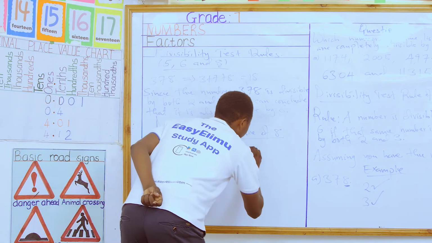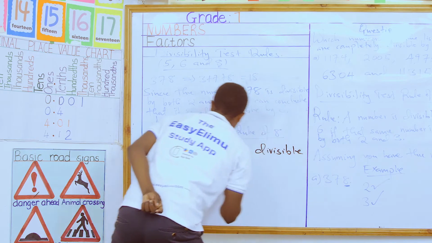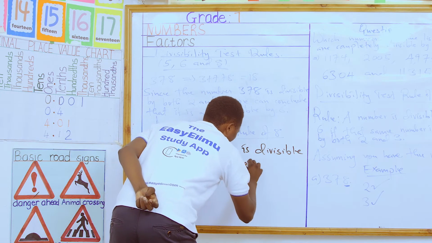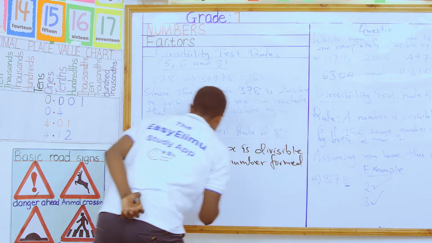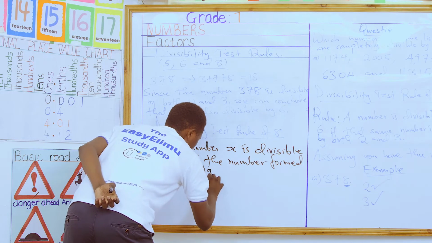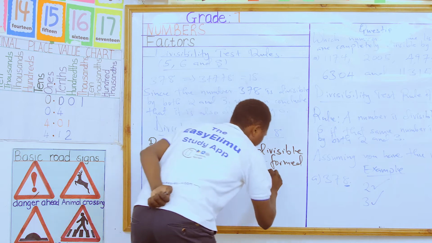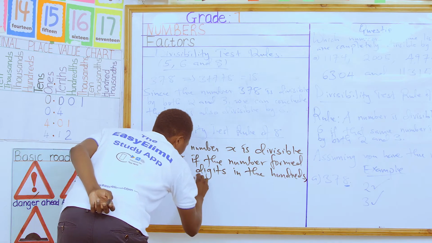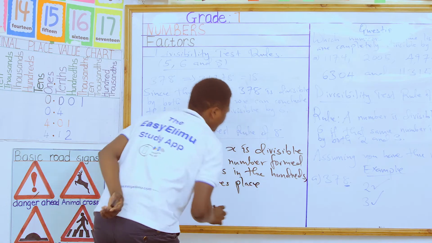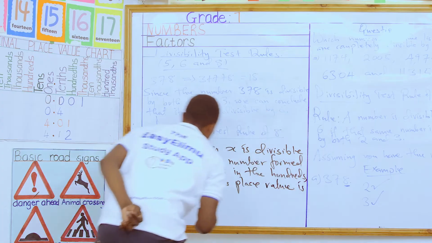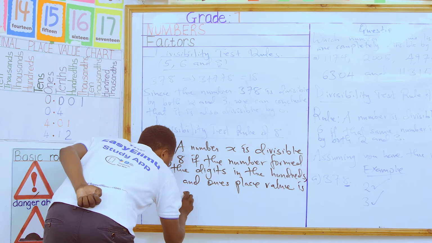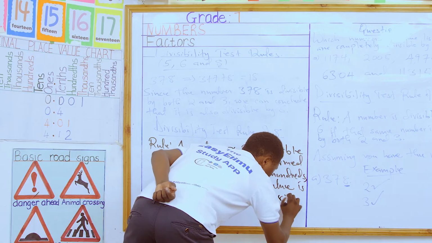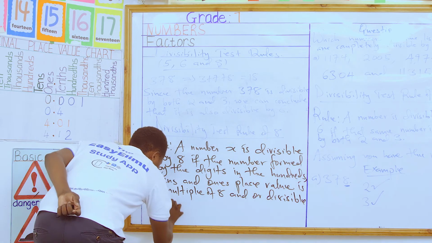So a number x is divisible by 8 if the number formed by the digits in the hundreds, tens, and ones place value is a multiple of 8 and or divisible by 8.